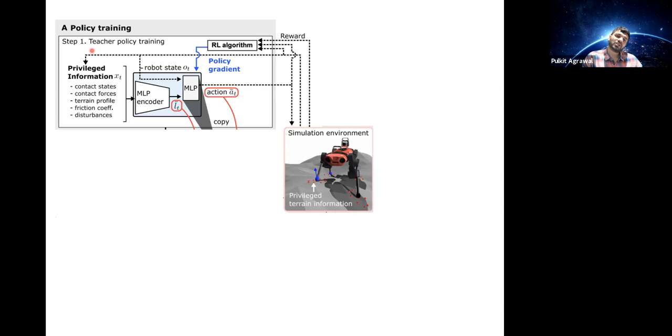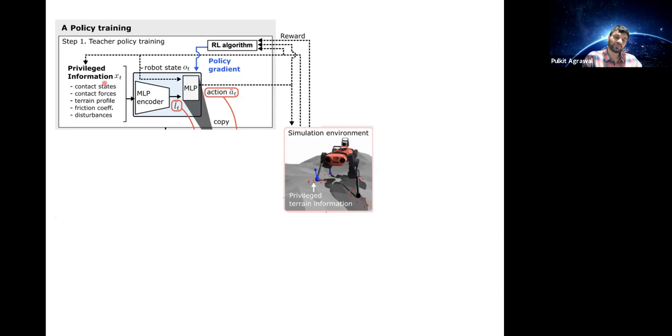So we can feed in this privileged information into a neural network to output actions, and we can train them by some reinforcement learning algorithm. Again, I believe this was PPO in this case. And what they call this policy trained with such privileged information is teacher policy training.